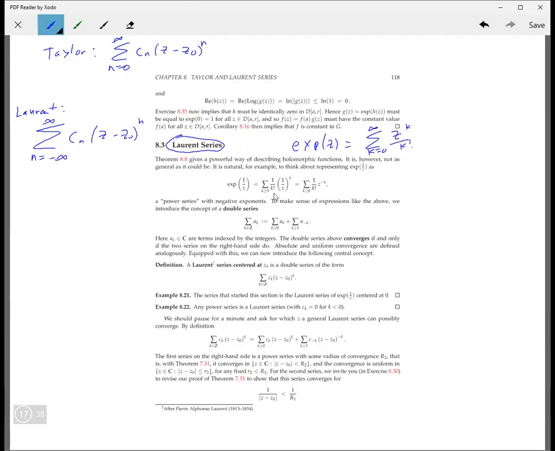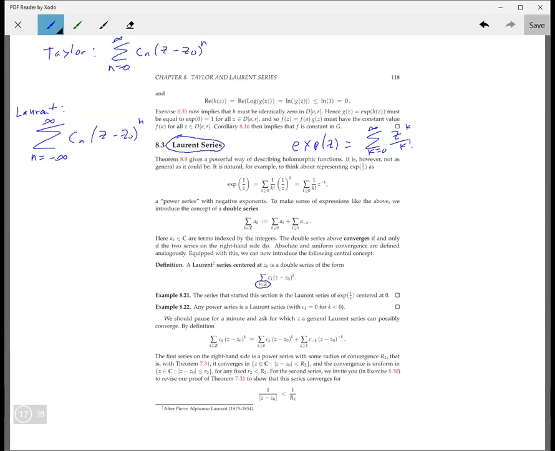So that's a Laurent series, but it's not a Taylor series. And it's perfectly fine to write Laurent series this way, and typically that's what's going to happen a lot of times. This means it goes from negative infinity to infinity, because this index represents all integers, negative and positive. So it's a double series of this form.